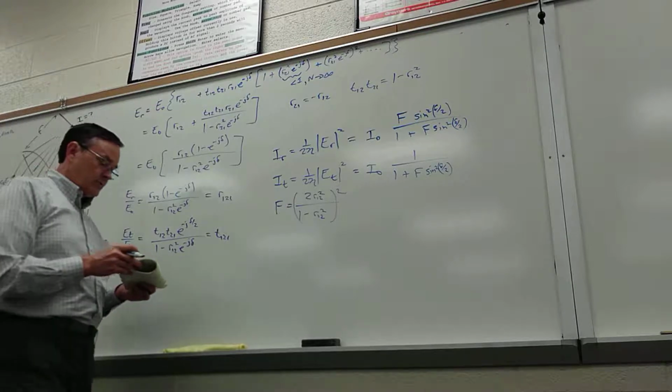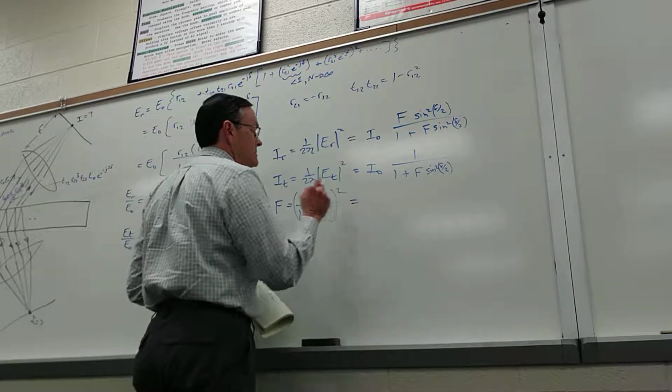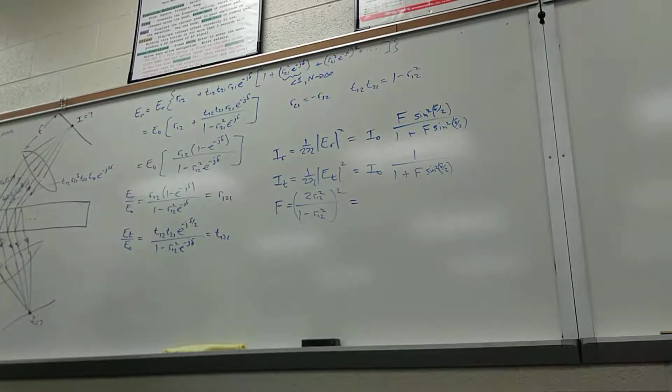And R12 squared, what is that? The Fresnel reflection coefficient squared is what? Do you recall? Remember, reflectance is the magnitude squared of the reflection coefficient. Or if the reflection coefficient is real, then it's just R squared.